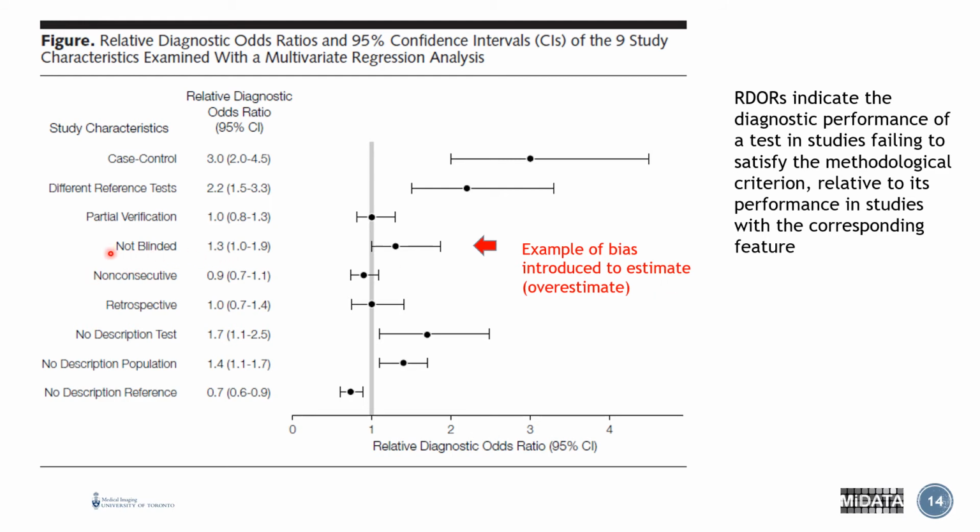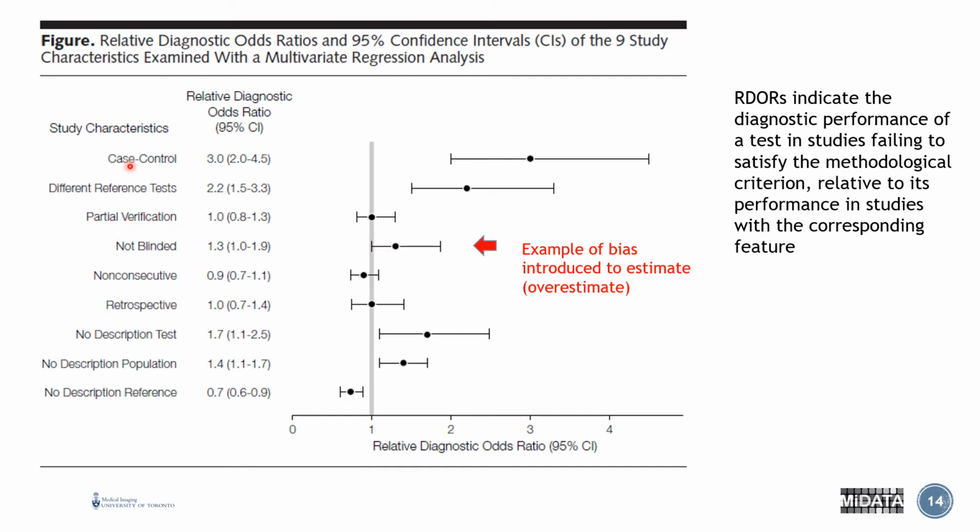When the study was not blinded, you can see here that the relative diagnostic odds ratio is greater than 1, which means that it is an overestimate. So if you don't blind your study, you tend to have a diagnostic odds ratio that is an overestimate compared to a study that would be blinded.